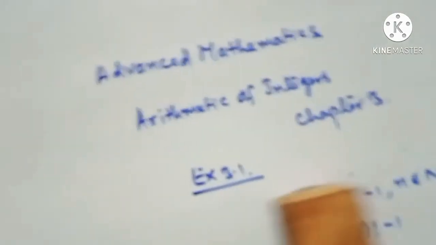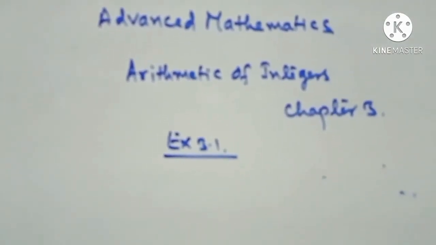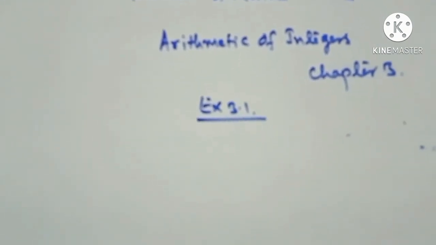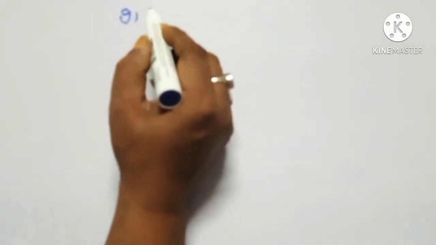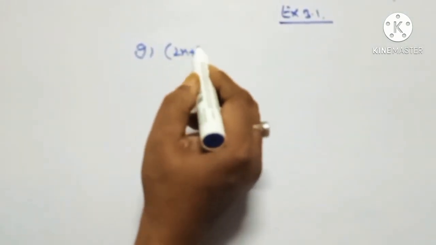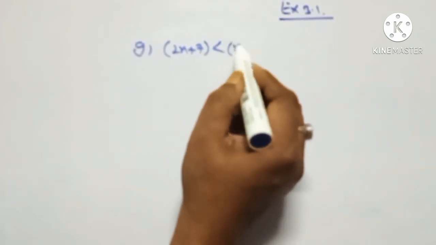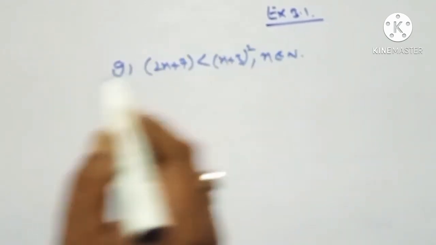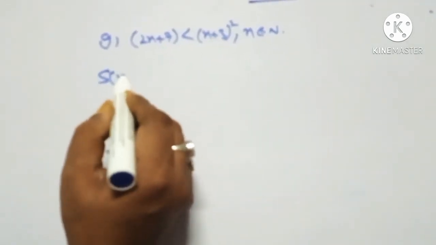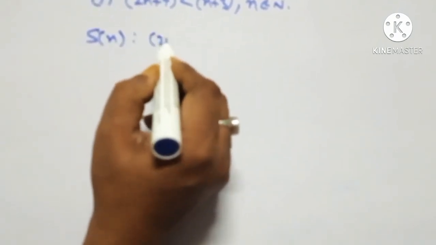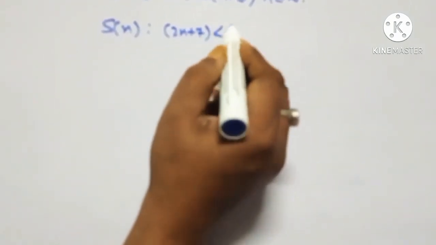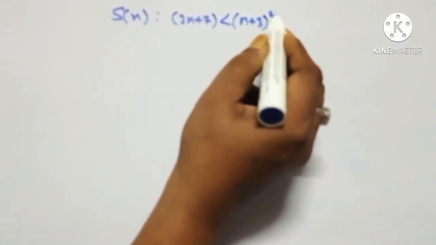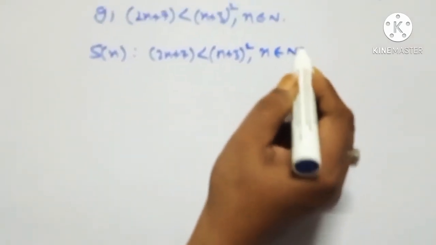Now I am going to another question, that is question number 9. 2n plus 7 is less than (n plus 3) the whole square, n belongs to N. Again I am going to write this as a statement, that is 2n plus 7 is less than (n plus 3) the whole square and n belongs to natural numbers.